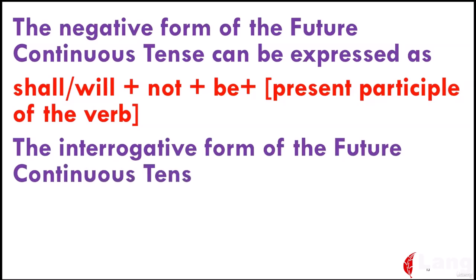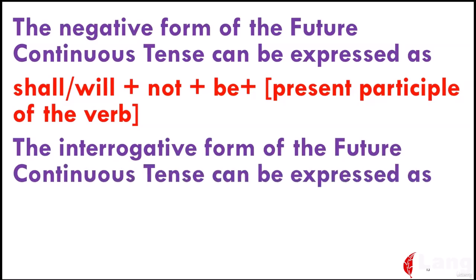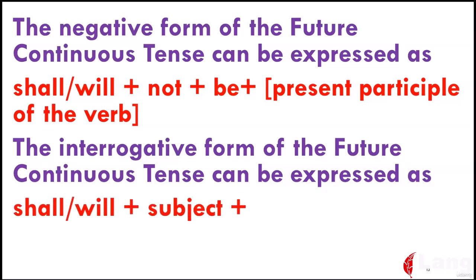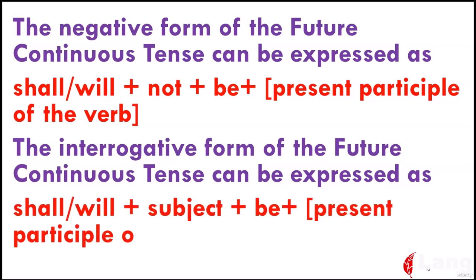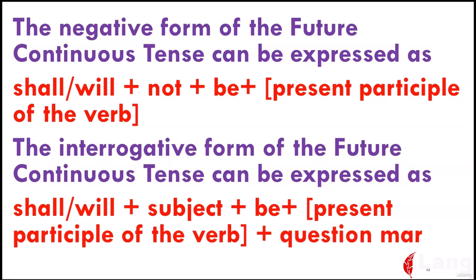The interrogative form of the future continuous tense can be expressed as shall or will plus subject plus be plus present participle of the verb plus question mark.